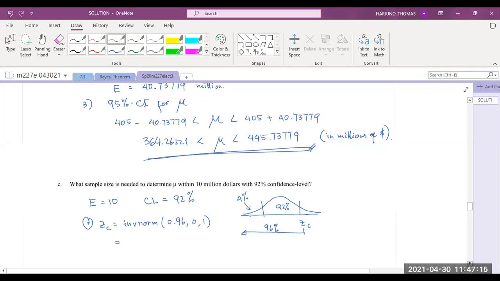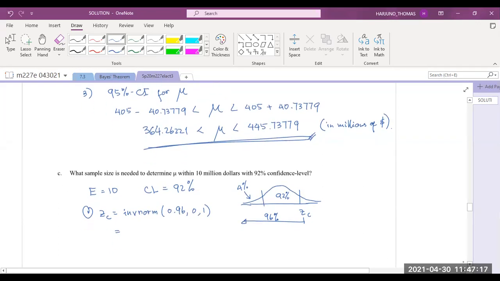But Thomas, I thought the mean is 405 and the standard deviation is 161. No. This is the inverse norm for the z-score. We need to find the critical value in z-score first. That's why we use z-score, not x-score.